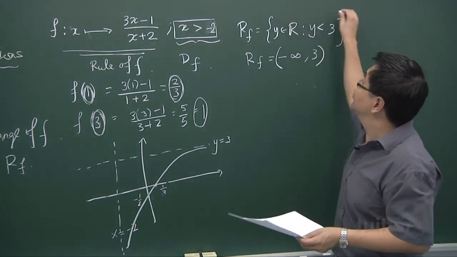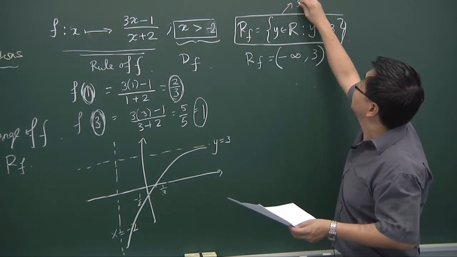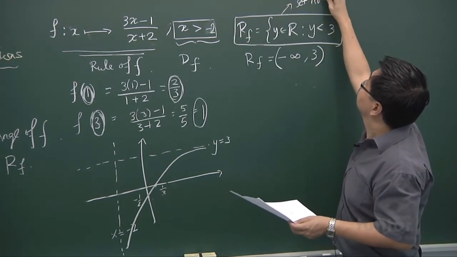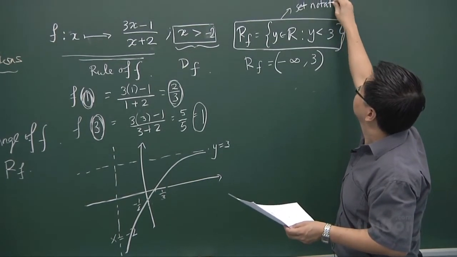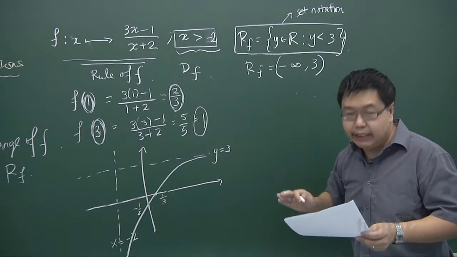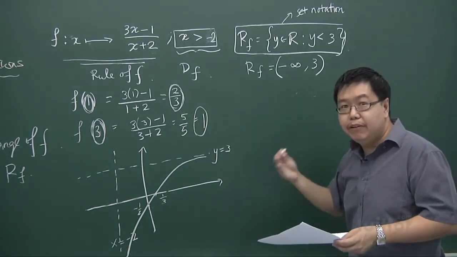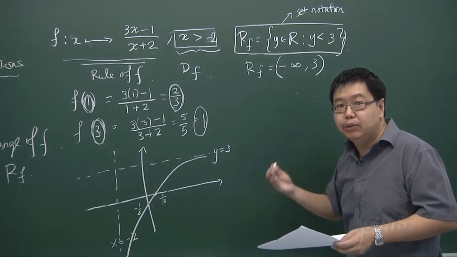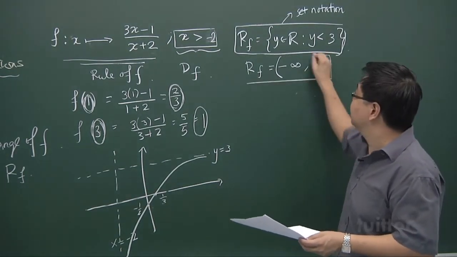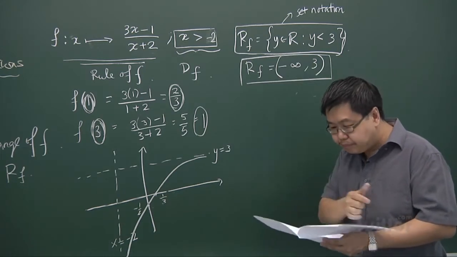Now, this way of writing the range of a function is what we call set notation, which is required in this question. Otherwise, if the question does not insist that you write in set notation, you can leave your answer as an interval. That is example 1.